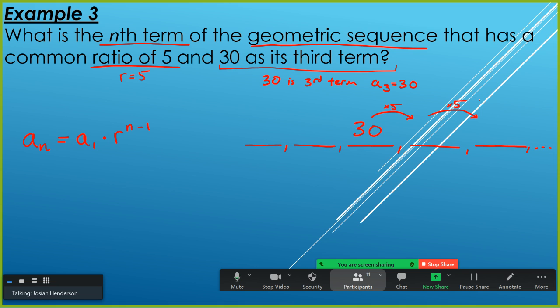So 30 times 5 is 150. And then 150 times 5, oops, is 750. But now we're going to do what Tira noted earlier, and we're going to go backwards. So if I divide by 5, it'll go backwards in the list, and eventually we'll get the first term. So 30 divided by 5 is 6. Yikes.